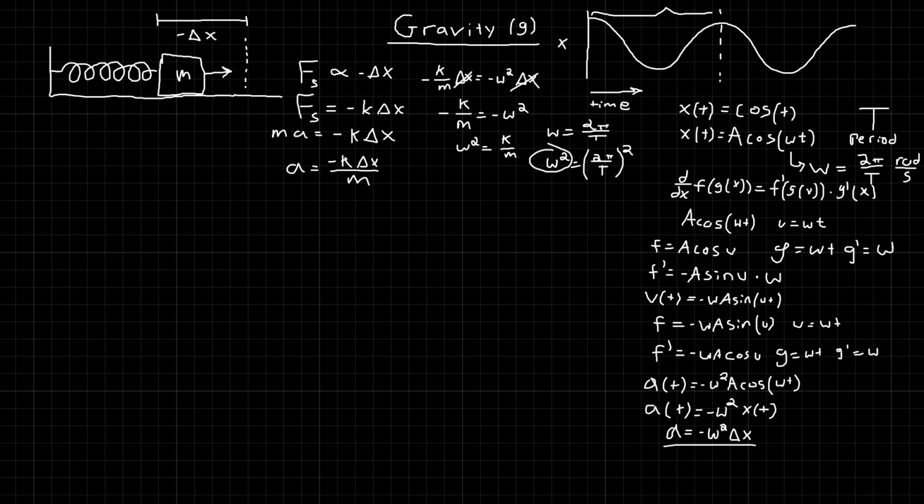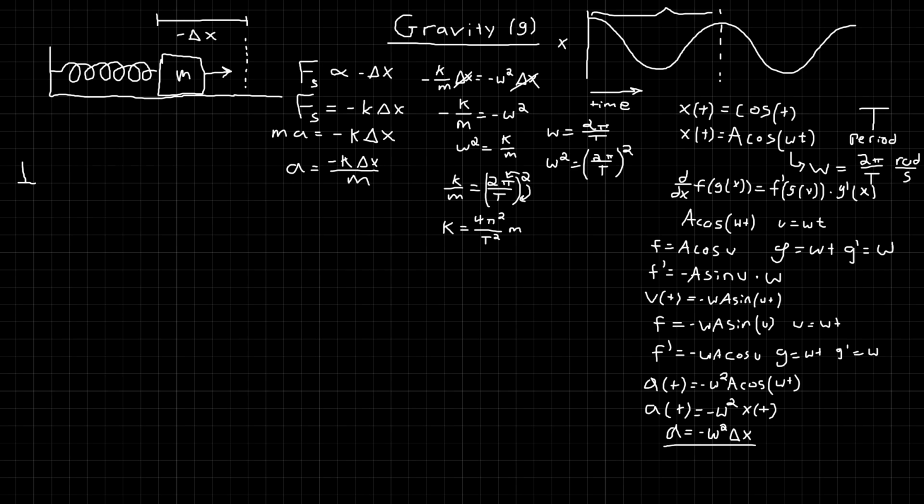So then we can set this w squared and this w squared equal to each other by saying that k over m is equal to (2 pi over T) squared. So now we can finally solve for k, which is what we were trying to get to this entire time. By distributing the square to the top and bottom of this fraction, we get that 4 pi squared over T squared times m is equal to k. So we finally have an expression for k.